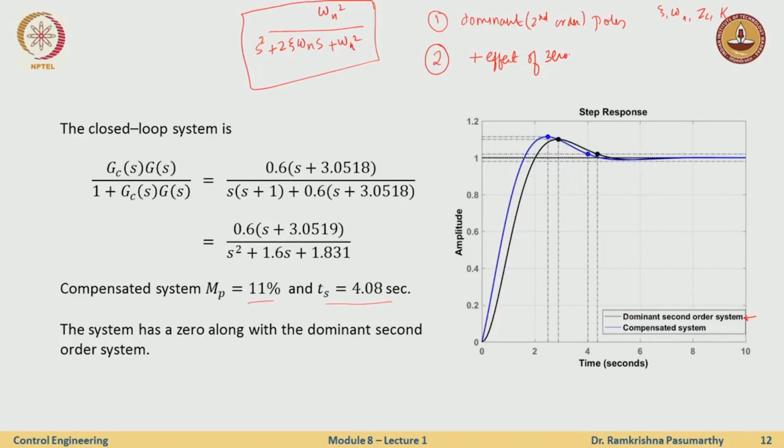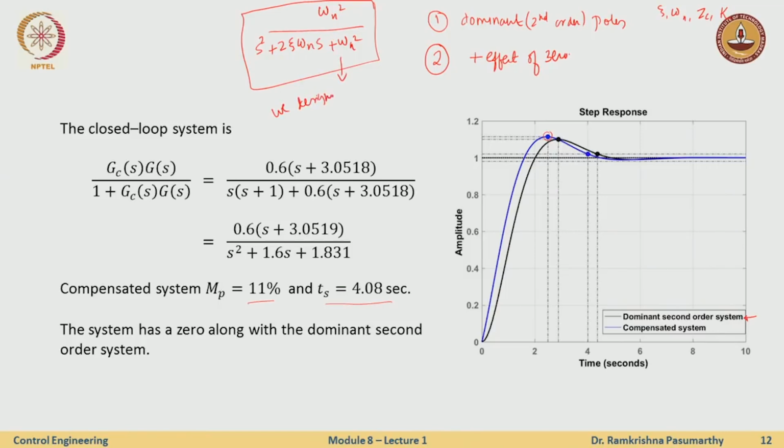This is how I would want it to look, the black line. However, the compensated system has a 0 at 3.05 and so on. So the compensated system has a response like this, the blue line, and you see there is a slight increase in overshoot than what I actually wanted.